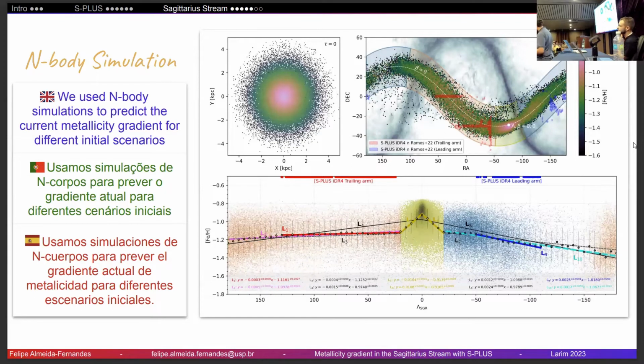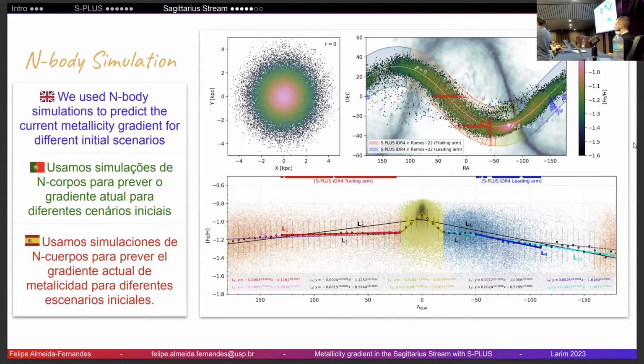Bruno. Hi, Felipe. Nice talk. Hello. I was wondering about the metallicities. Which bands do you use for the metallicity, and what precision do you get for individual stars? Yeah, the precision depends on the metallicity range because we're going down to -3, but when we get too metal poor, the uncertainty increases.